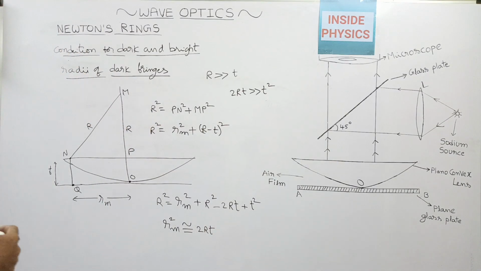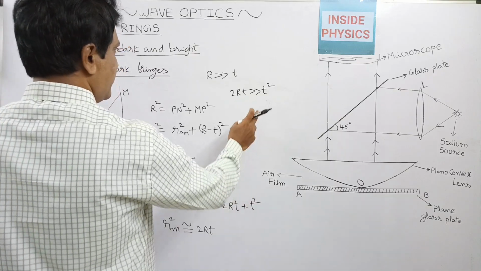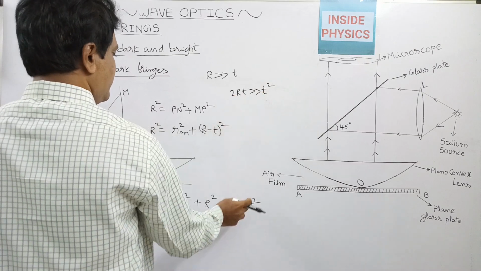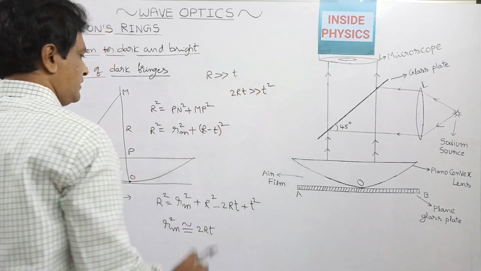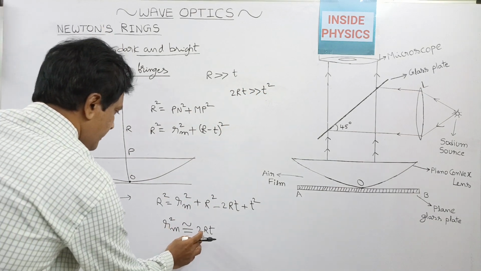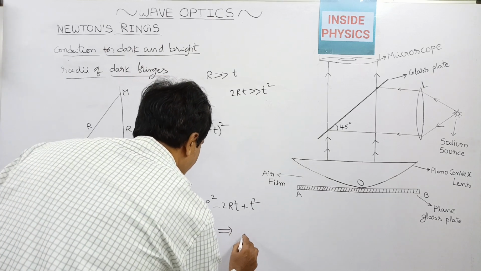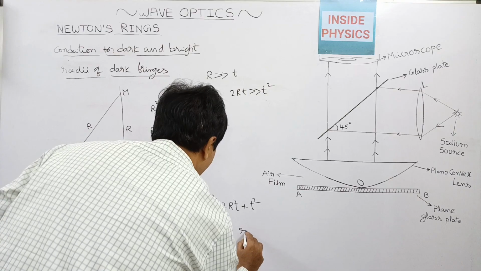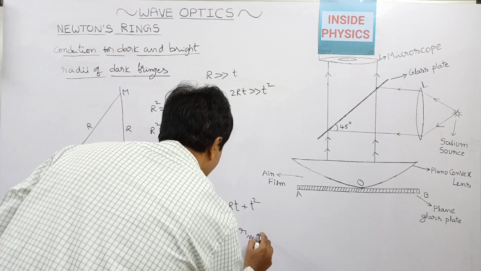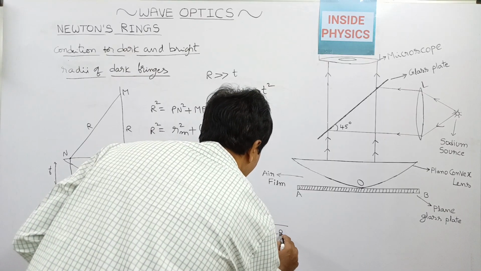R square is cancelled here, and we can neglect t square because 2Rt is much higher than t square. So this Rm square is nearly equal to 2Rt. So from this we can write Rm is equal to root of 2Rt.